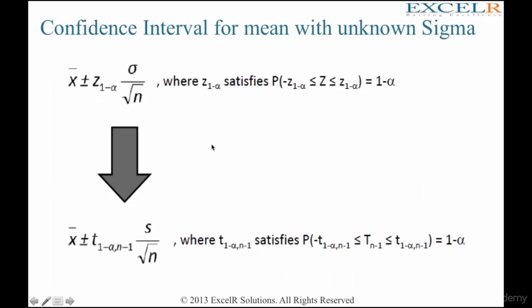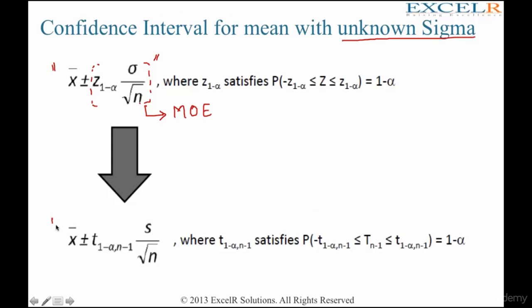Now, this is a key thing here, right? If sigma is known, you employ this formula, wherein this part is called the margin of error. All right. Now, if sigma is unknown, then you need to go with t-distribution, which is also called student's t-distribution.